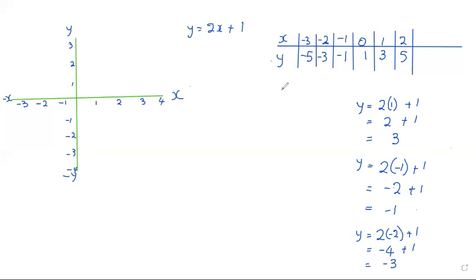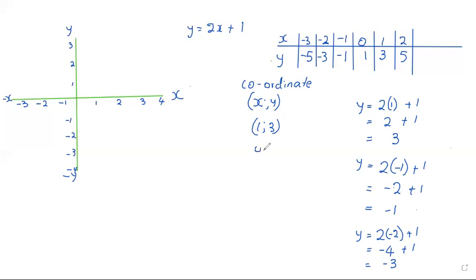So, when x is a 1, y is a 3, this is a coordinate. Now, if you write that, you can say when x is a 1, y is a 3.